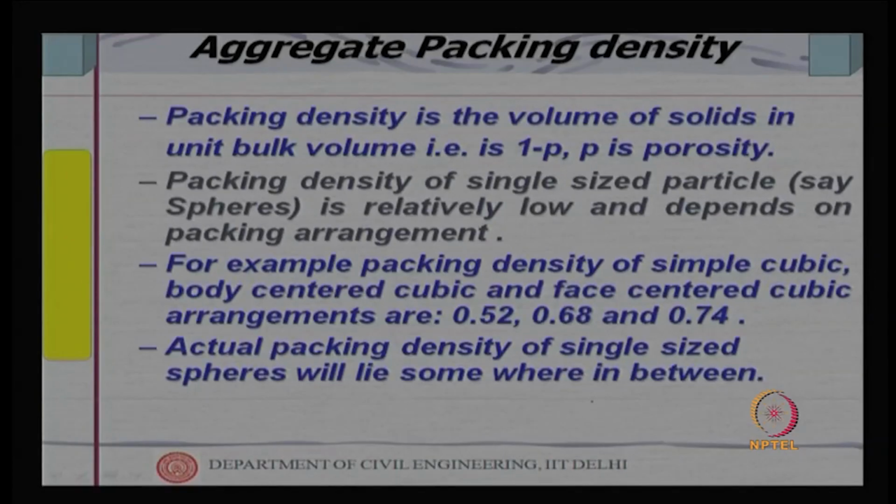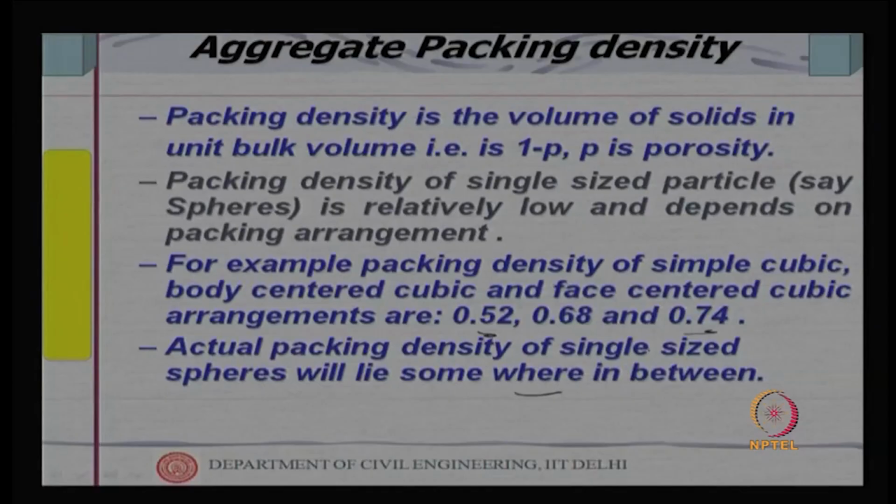Well, actual packing density of single sized spheres will lie somewhere in between these two. You can have best packing or the worst packing, random packing can have something anywhere in between.